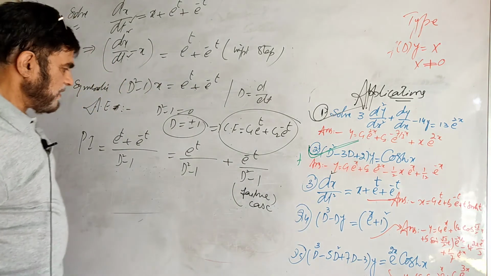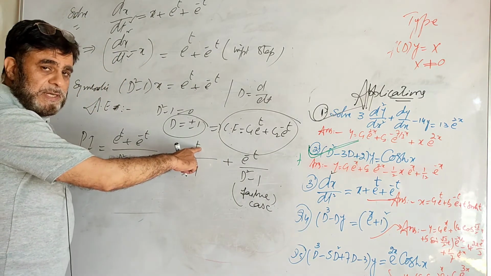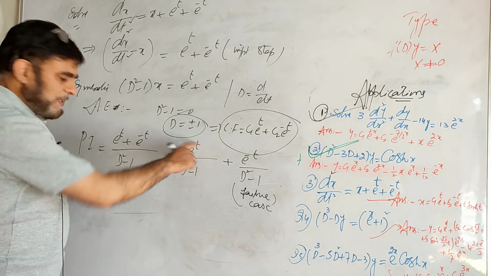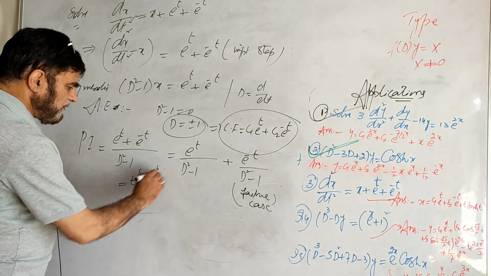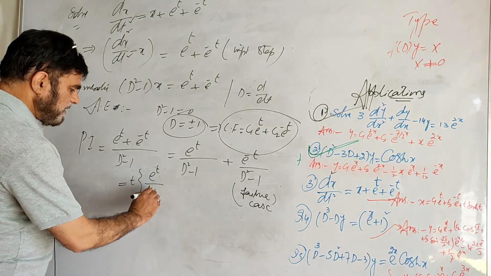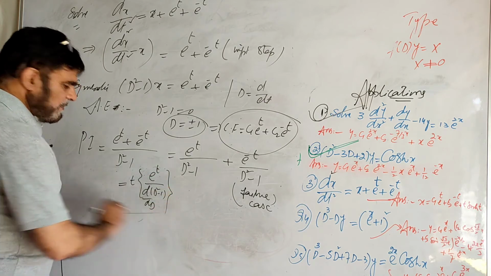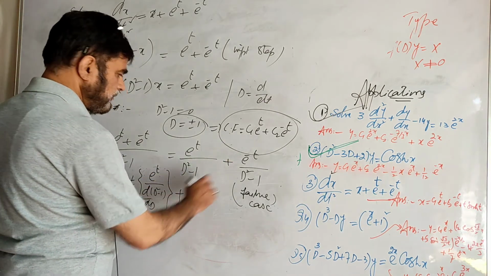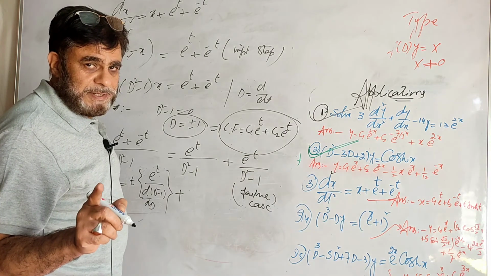So how do you proceed? Look here, you have the independent variable t. Write t out, then e raised power t, divided by the differentiation of D square minus 1 with respect to D. Here also write t, don't get confused, not minus t.